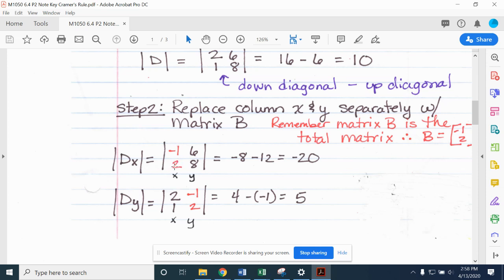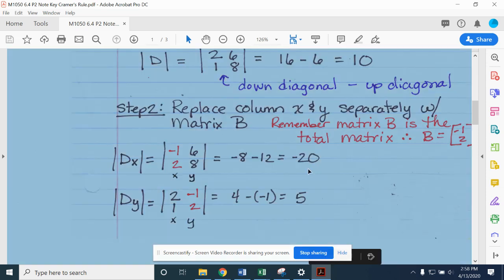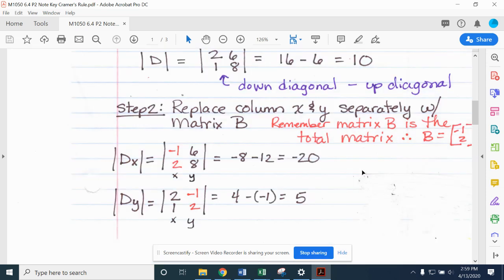So just replace this whole column with matrix B, and then it's a 2 by 2, and we do the same thing. Downhill minus uphill gives me a total of -20. And then I do the same thing for Y. I replace the Y column with matrix B, and downhill minus uphill, I get 5.